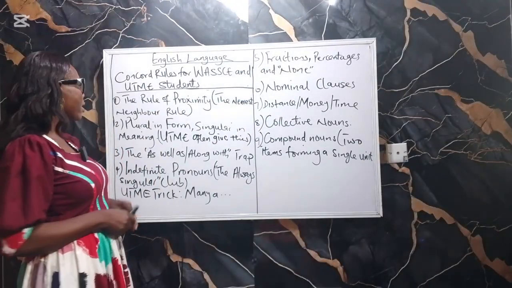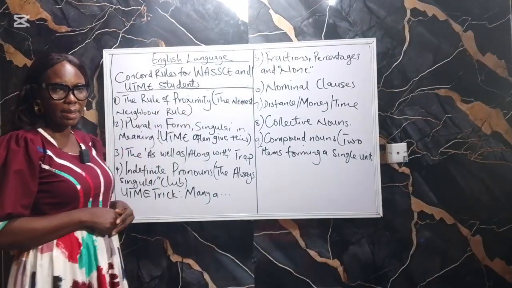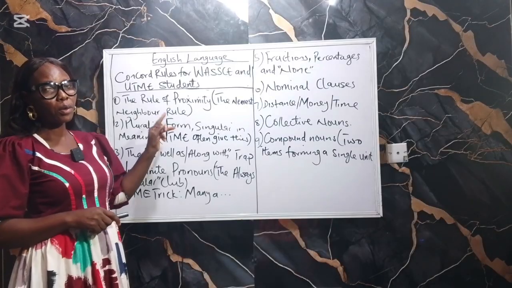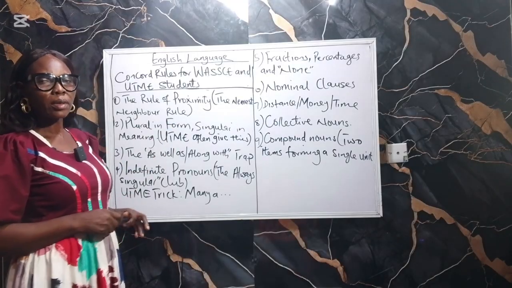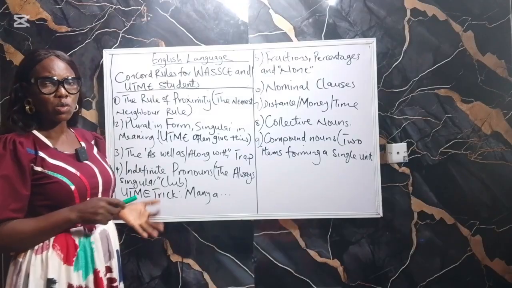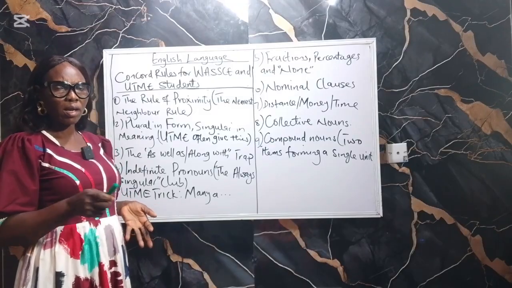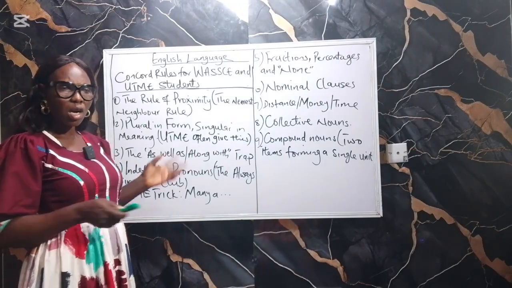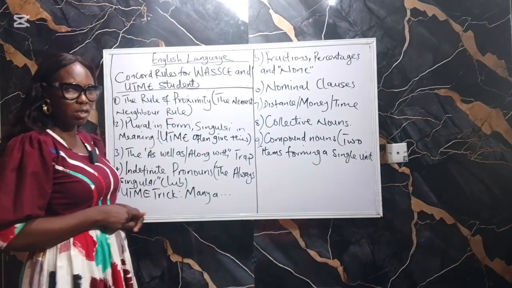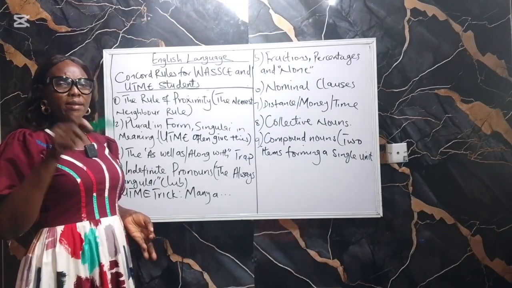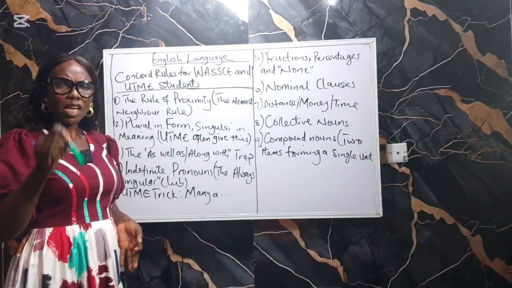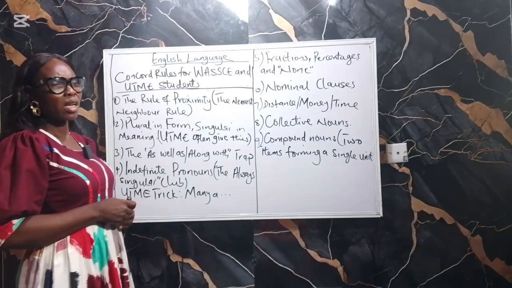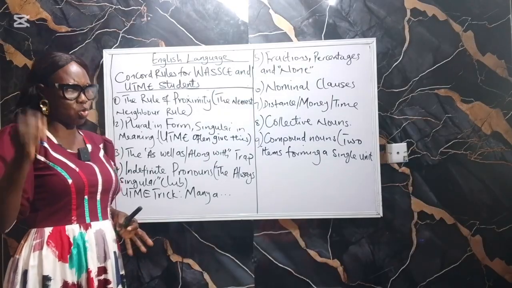The first rule is the rule of proximity, the nearest neighbor rule. In a sentence where you see either...or or neither...nor, we call them correlative conjunctions. When you see them, the verb agrees with the subject closest to it.